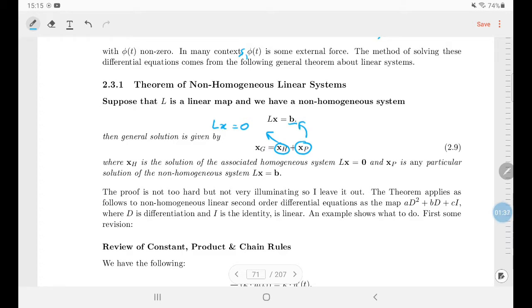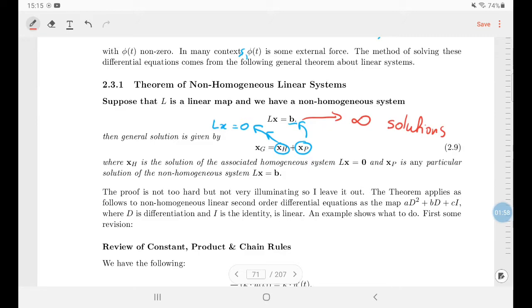What you have to understand is that these differential equations have infinitely many solutions, because you need a different solution for each value of the initial displacement and the initial velocity.